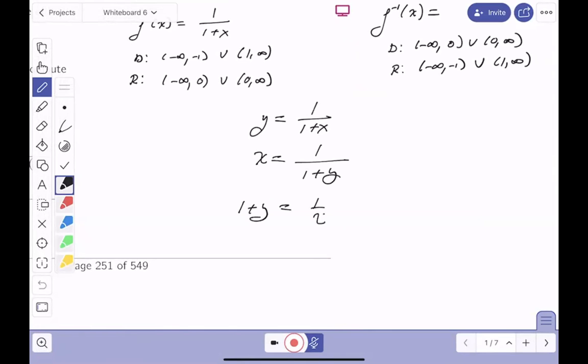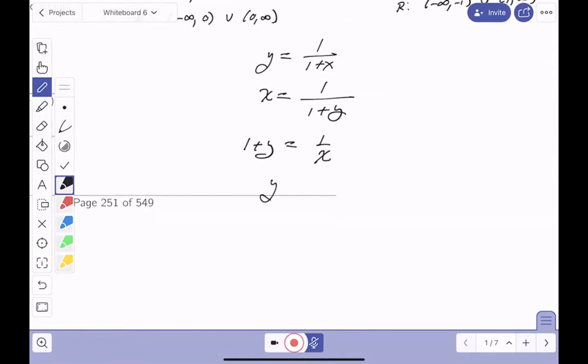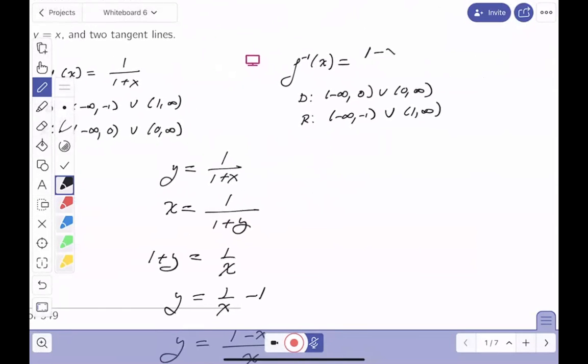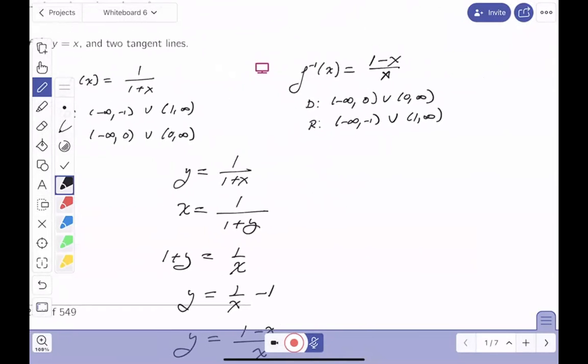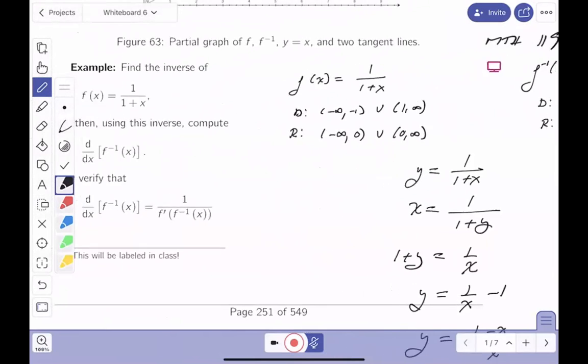Sometimes that was impossible. I think I got it. Y will equal 1/x minus 1. Put this over here. All right, so I think I did what I did in Math 119. That's what you did in Math 119, and then you would get full credit, provided there's no mistakes, and you move on.